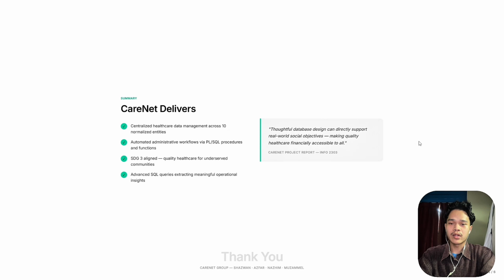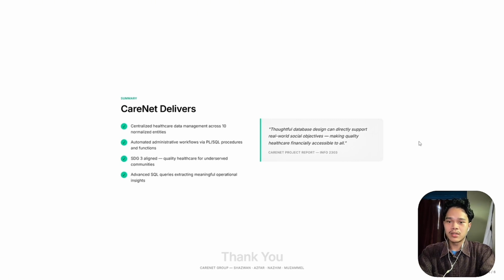To wrap up, CareNet demonstrates how a well-designed relational database can directly support real-world social objectives. We built a normalized schema across 10 entities, implemented automated administrative logic through PL/SQL, and wrote SQL queries that extract meaningful operational insights from the data.